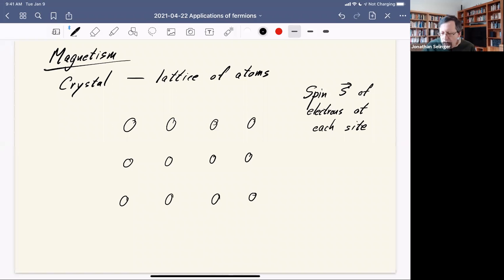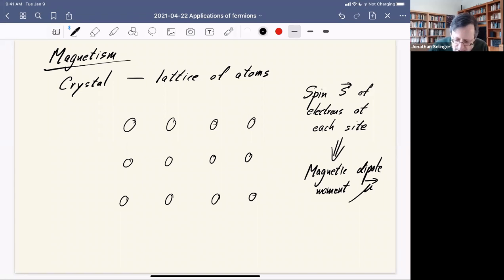And then, as we discussed previously, when there's a spin, there's some magnetic dipole moment. Call it mu. Okay, so everywhere here, there's going to be a spin. Okay, so I'll draw some spin arrows, right, to represent which way it goes.